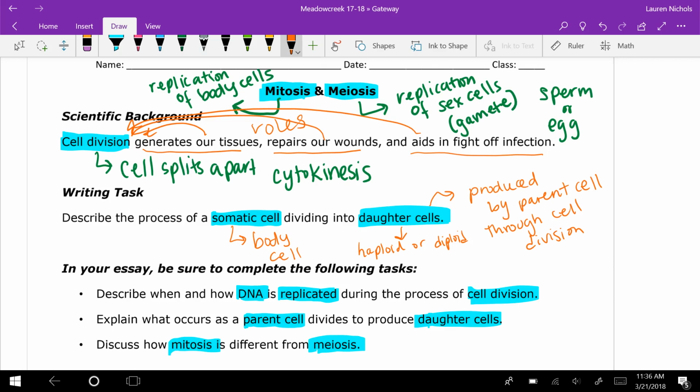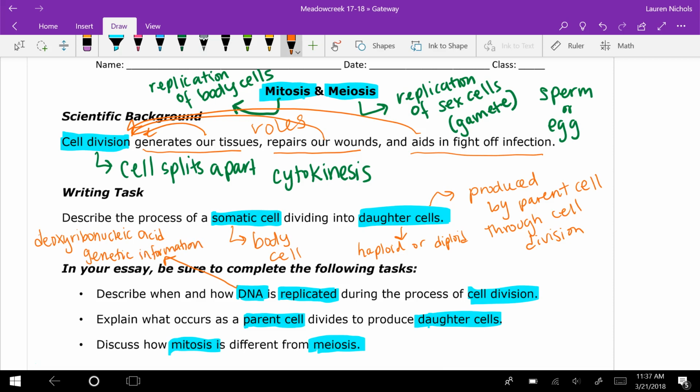When we're talking about DNA, we're talking about deoxyribonucleic acid, which is the genetic information your body needs for things.